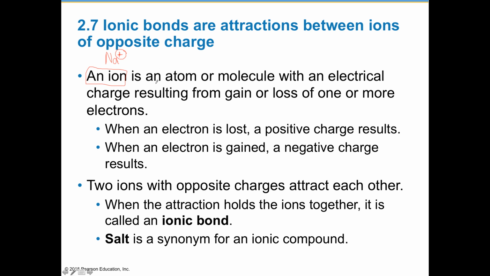So an ion is an atom or molecule with an electrical charge resulting from the loss or gain of one or more electrons. When an electron is lost, a positive charge results. So this would be Na, and this would be lost one electron.